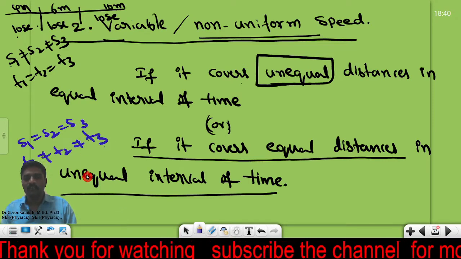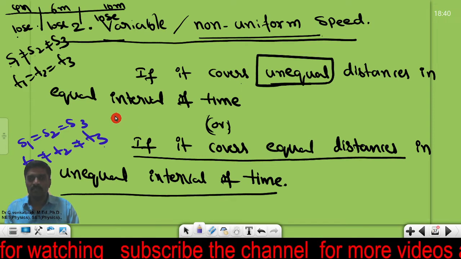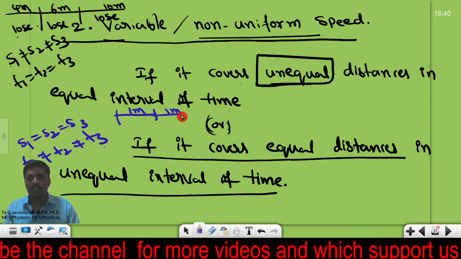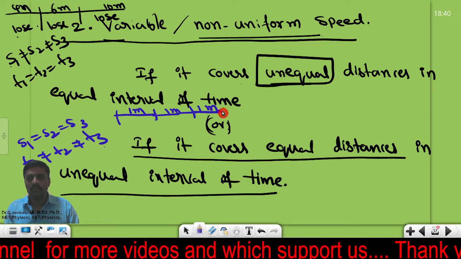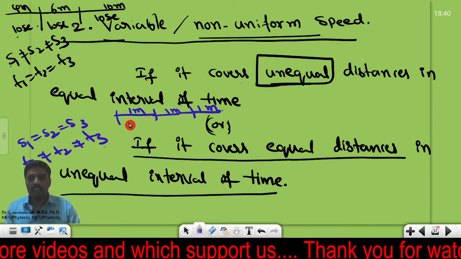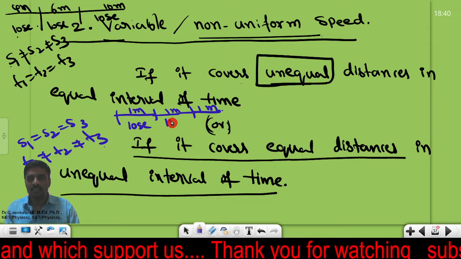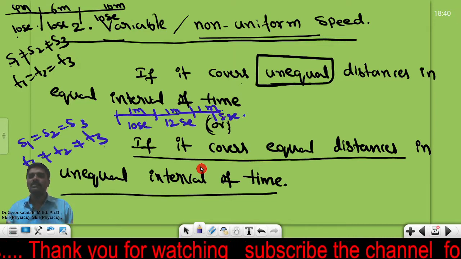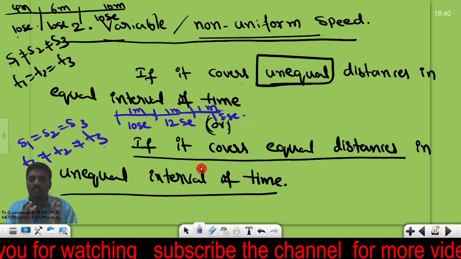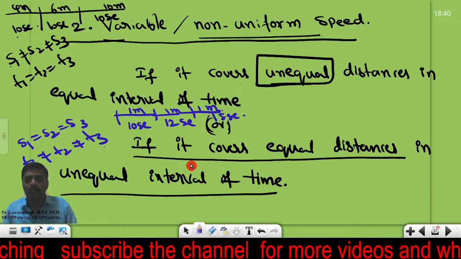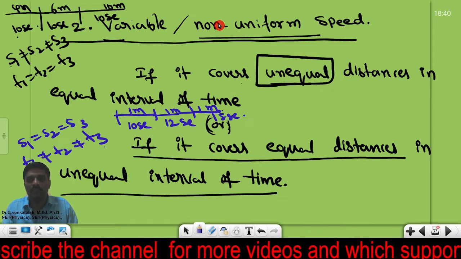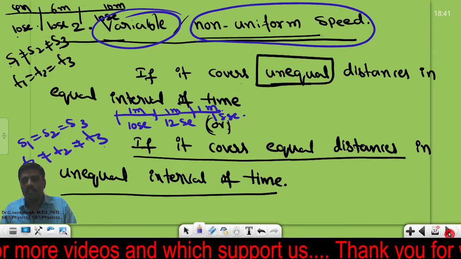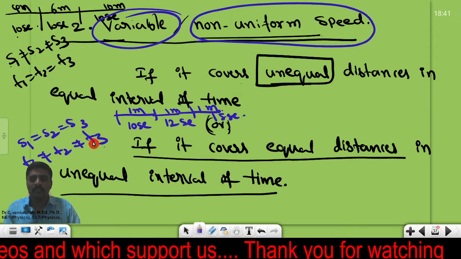Here the distance is 1 meter, here also 1 meter, here also 1 meter. But in the first case the time taken is 10 seconds, in the second case 12 seconds, in the third case 15 seconds. That means the time is varying, but the distance covered by the object is the same. So that type of speed is also named variable speed or non-uniform speed.